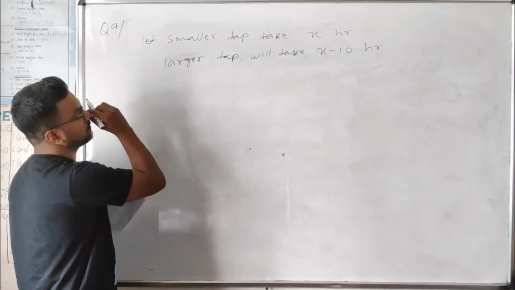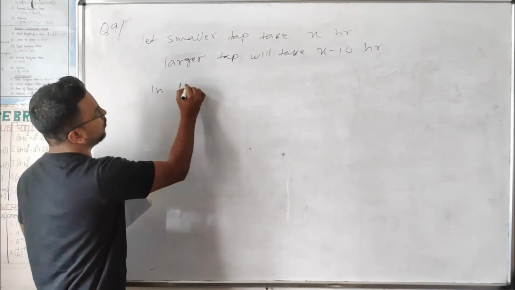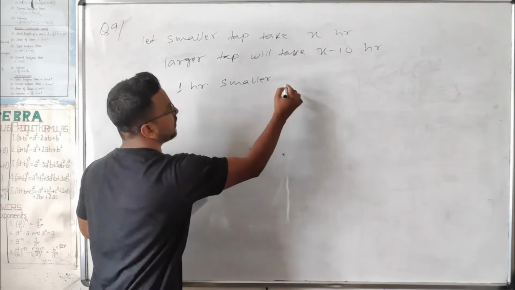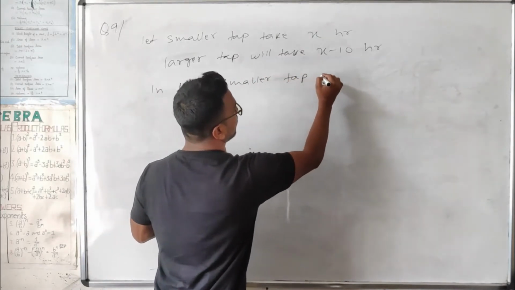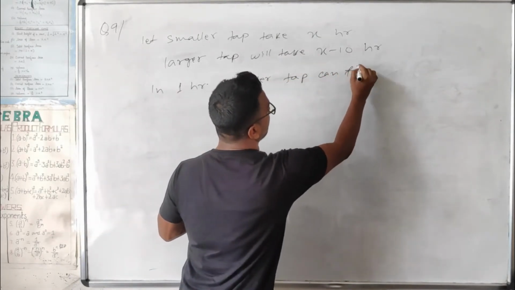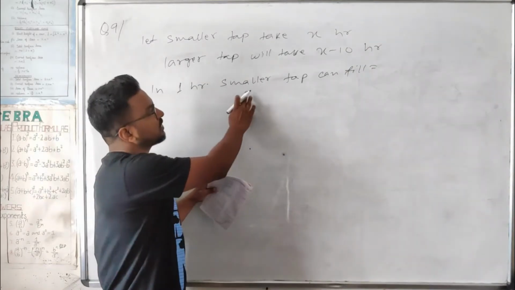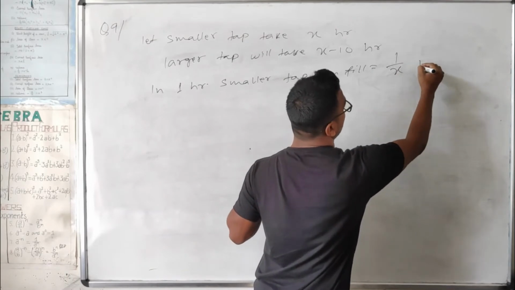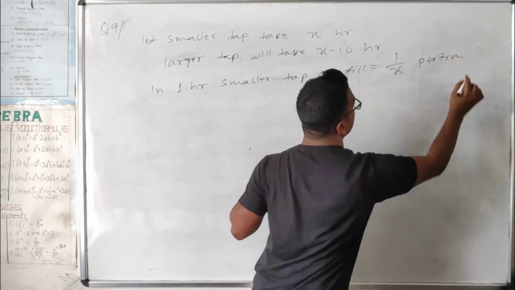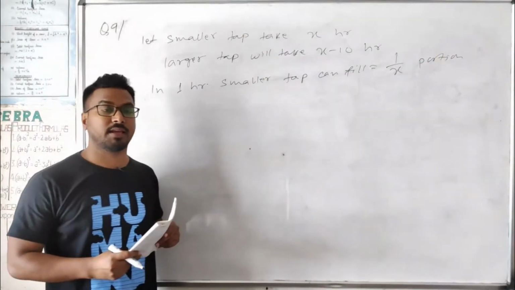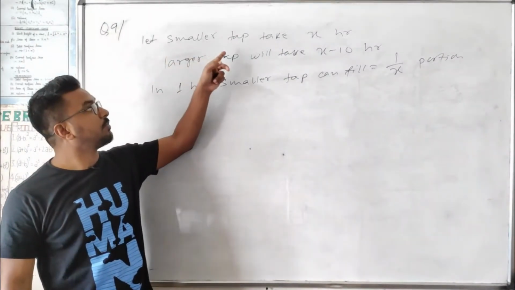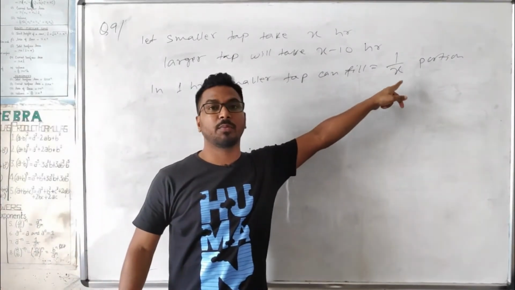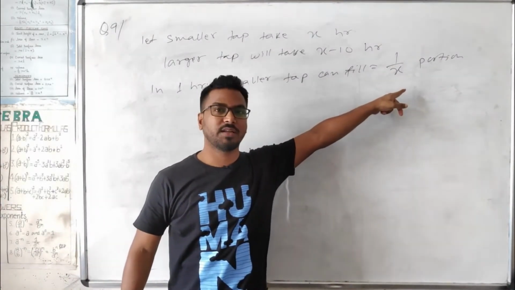So in 1 hour, the smaller tap can fill 1 by x portion of the tank. If the smaller tap takes x hours, then in 1 hour it will fill how many portions? 1 by x part of the tank.